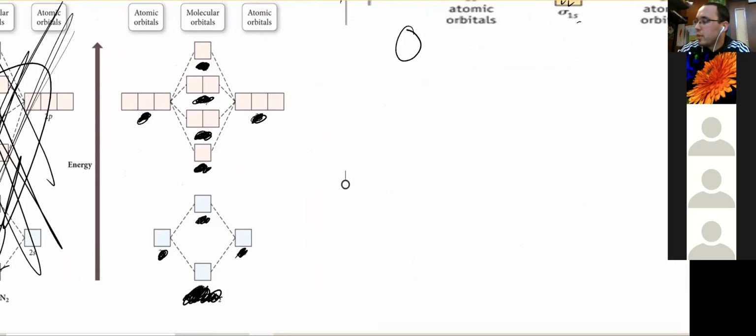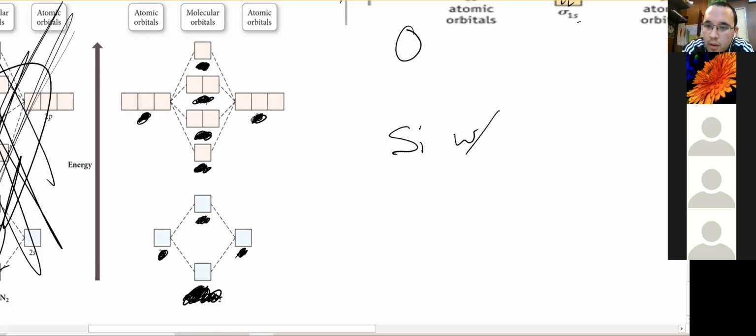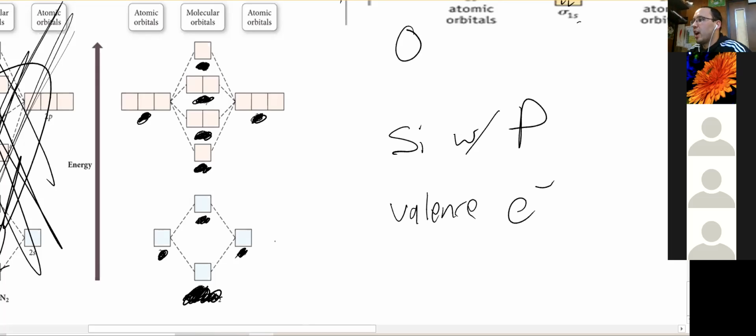What we're going to do is mix our silicon with our phosphorus. And so we're going to be looking at our valence electrons inside of our MO diagram. Right? So one of these should be silicon and one of them should be phosphorus. And we want to find the bond order of it.